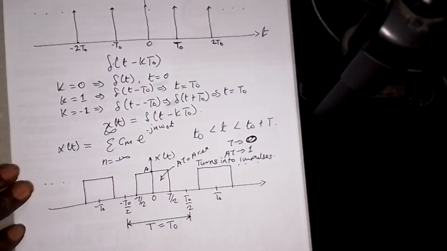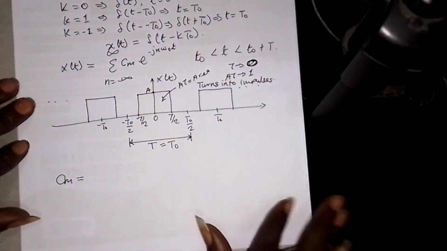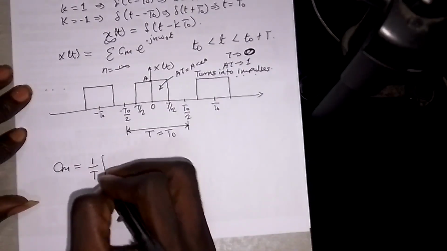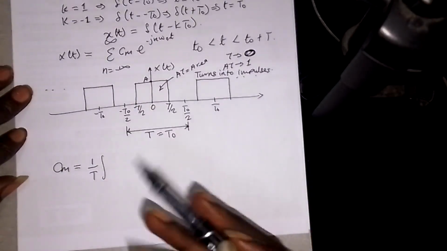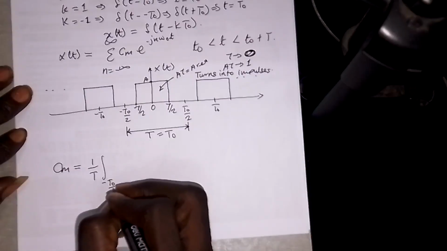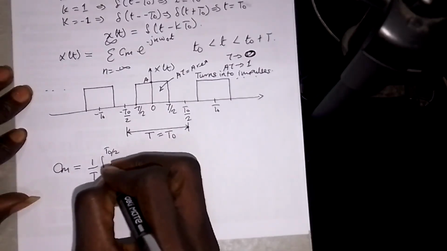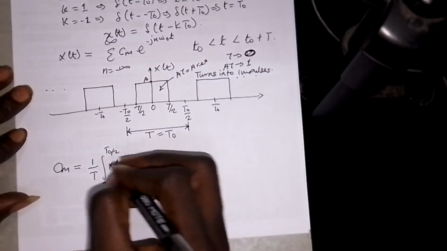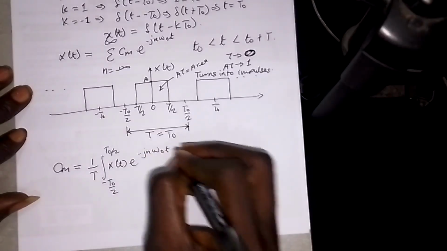Having known this, we can go on and find our exponential Fourier series. So we know that Cm is equal to 1 over T, into the integral over our period, which is minus T naught on 2 to T naught on 2, of x of t into e to the minus j n omega naught t, dt.